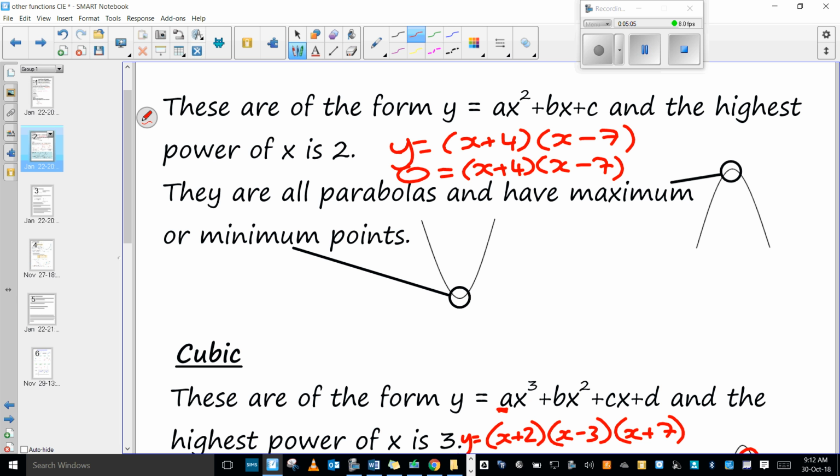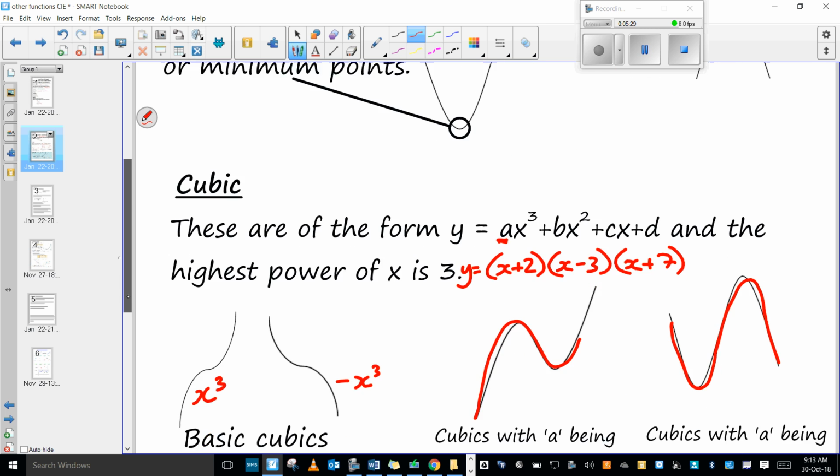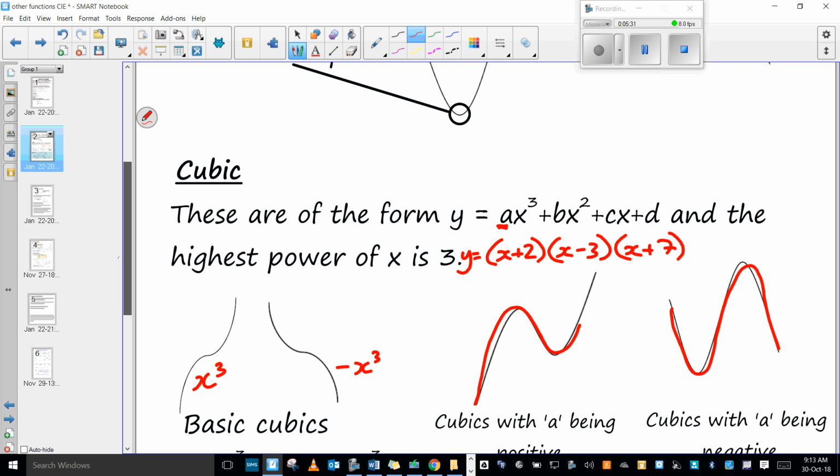If we remember solving quadratics, it's always going to be when this bracket is equal to 0 or this bracket is equal to 0. To make this bracket equal to 0, it means that x would have to be -4, and for this one it would have to be +7. So if you recall, it's always the opposite value to what's in the bracket. So that would be where it would cross the x-axis. For the cubic, it's the same principle. It's just going to cross it more times. So this one would cross at -2, +3, and -7. Happy with that?